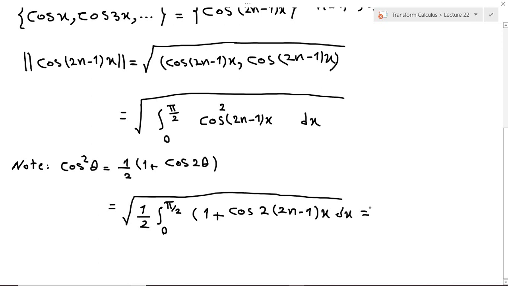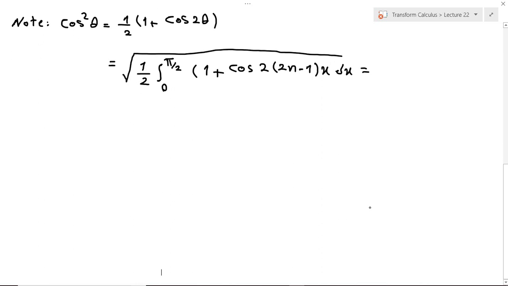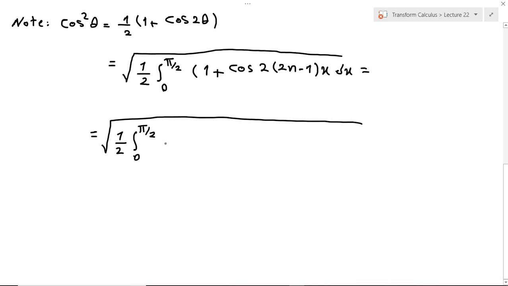It's equal to the root of half the integral from 0 to pi over 2 of dx plus half the integral from 0 to pi over 2 of cosine 2 times 2n minus 1 times x dx.